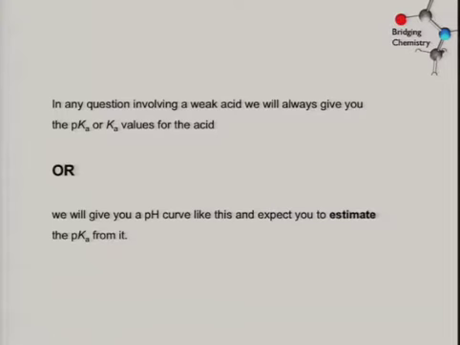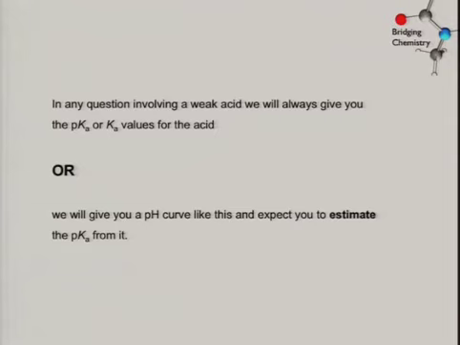Okay, and so the last slide before a break says that, as I've said lots of times now, if we give you a problem that involves a weak acid, then we will give you the pKa or the Ka. The only time where that will not be true is if we give you in the question the titration curve for the weak acid being titrated with hydroxide ions, and then we can get you to estimate the pKa from that titration curve, right?